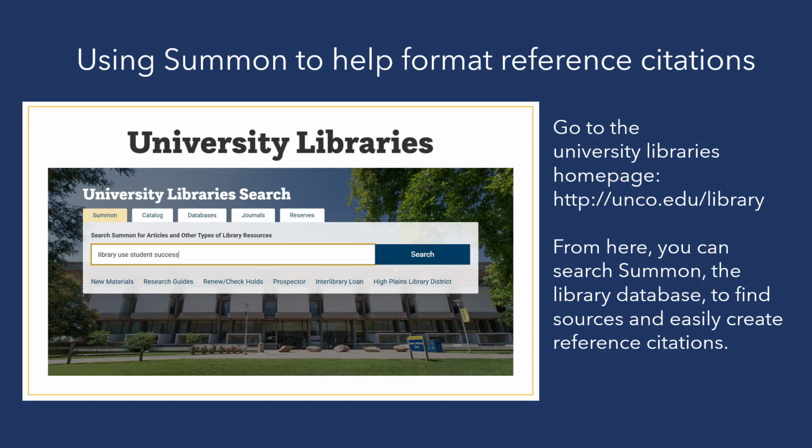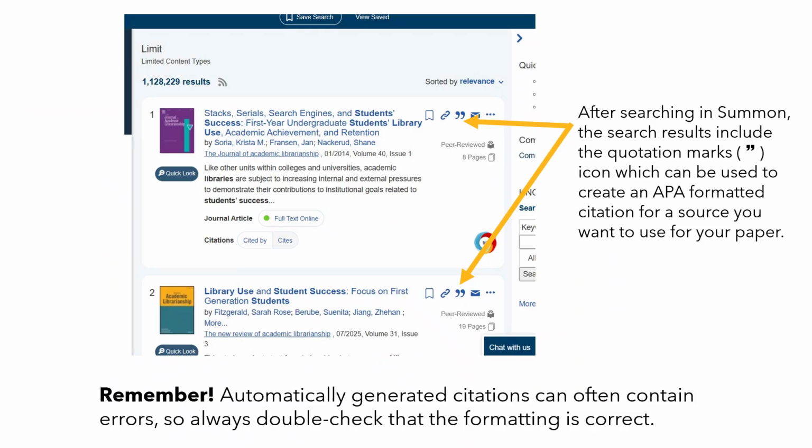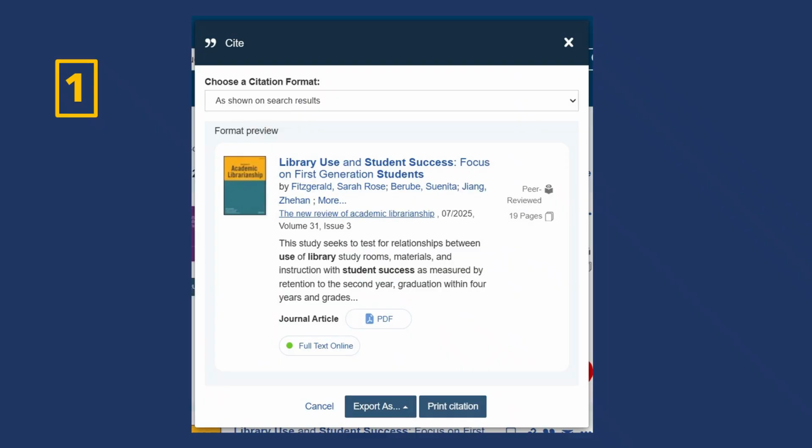A quick way to easily get APA formatted citations is to use the library database Summon. On the library's homepage, you can search in Summon. When the results come up, if there is a source you will be using for your paper, click on the quotation mark icon in order to get a reference citation for that source.